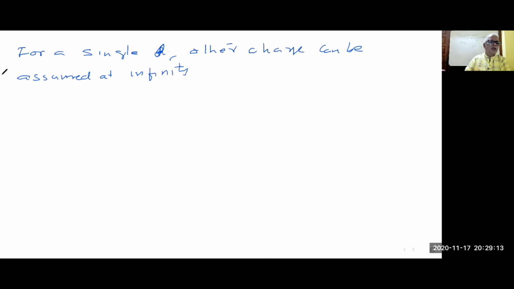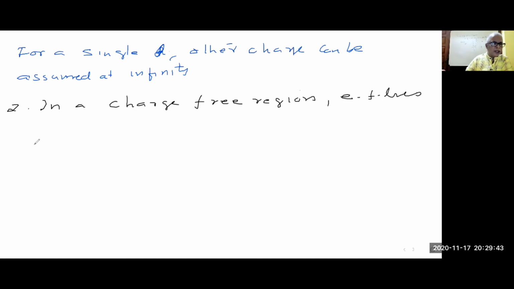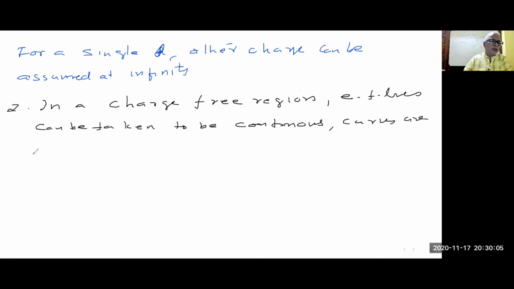The second property: in a charge-free region, electric field lines can be taken to be continuous, that is, curves without break.